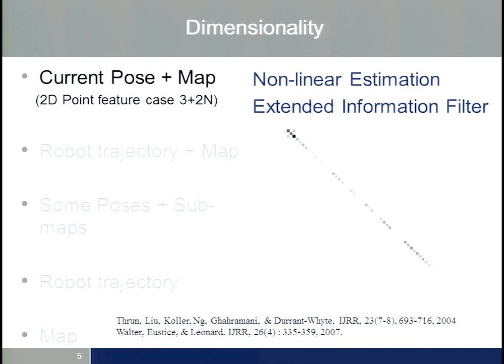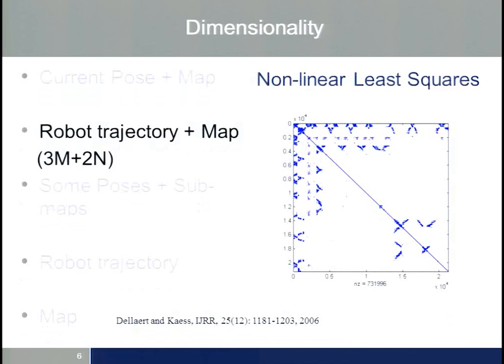Another way to look at this problem is to solve for the whole trajectory. Now, on the face of it, this doesn't look very sensible. If you're talking about a robot that has a sensor which is acquiring information at about, say, 10 hertz, this means every minute in 2D, you're adding about 1,800 variables into your state vector, and you think this shouldn't work.